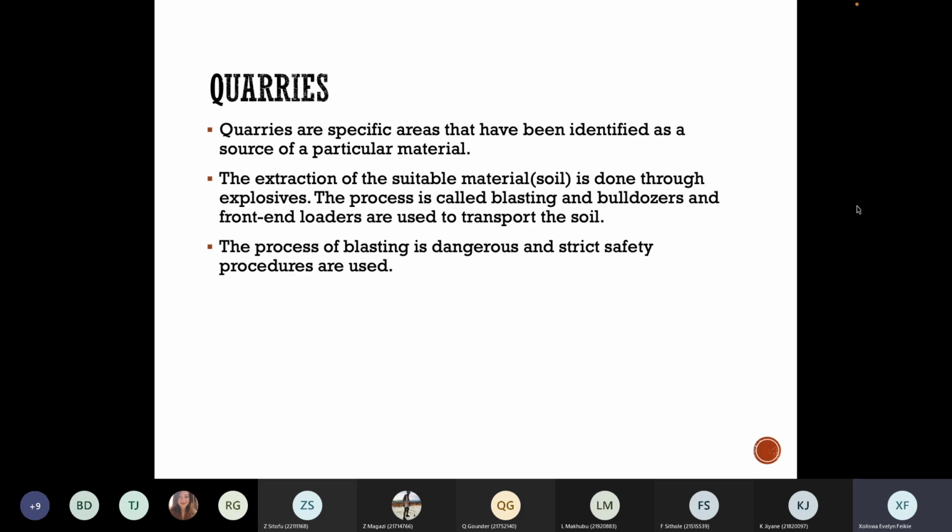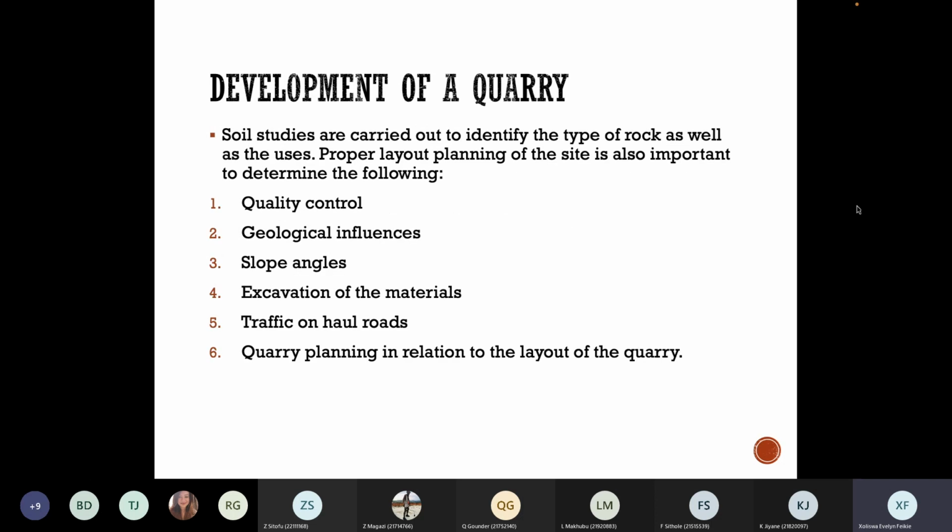Engineers in this part, technologists, technicians, they're not responsible for that. They need to outsource people who deal only with that, and they help them with the extraction of the soil. So when you're developing a quarry, soil studies are carried out to identify the type of rock as well as the uses, right?